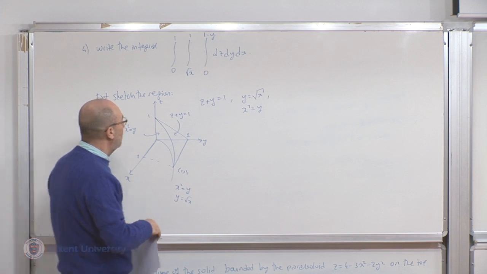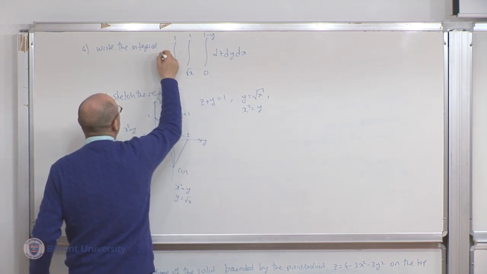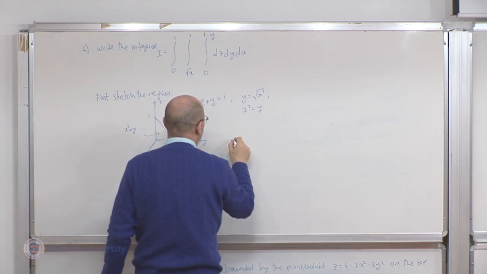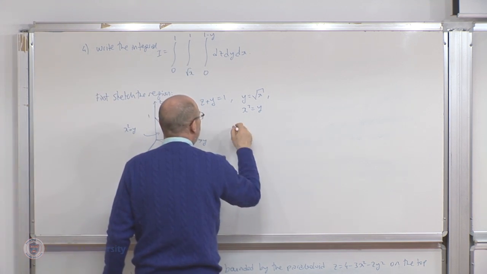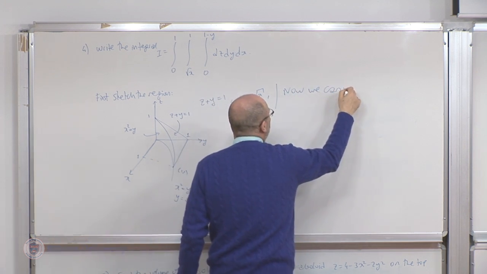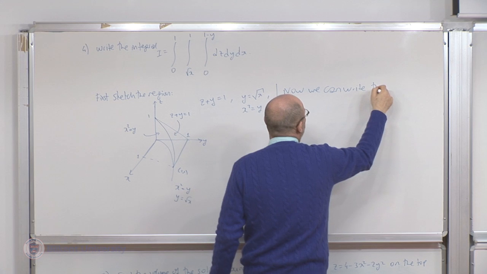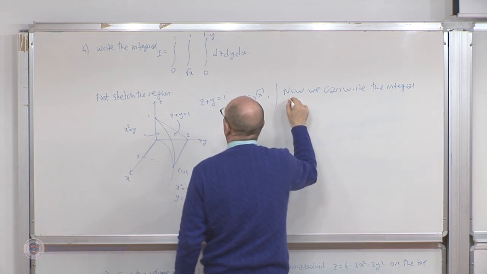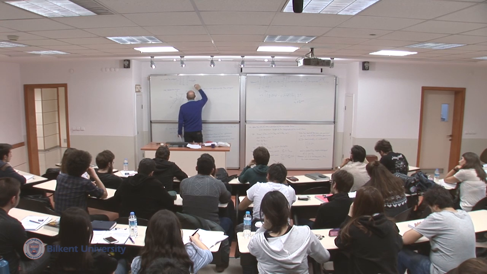Okay, now let us reverse the order of integration. So this is one order that is given. So, okay, let's say now we can write the integral in the other orders. Well, I didn't finish this slide.